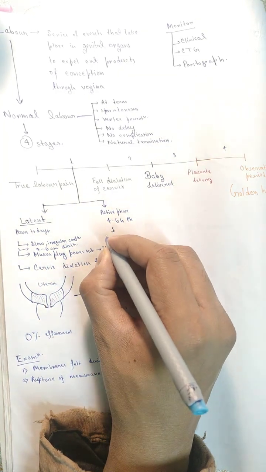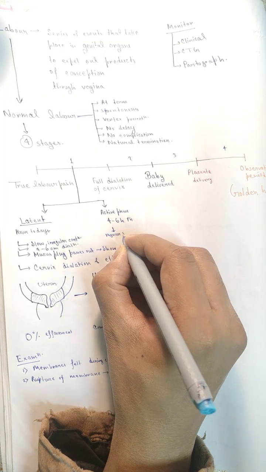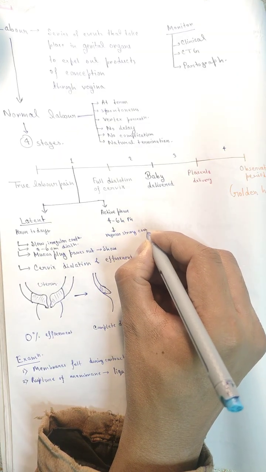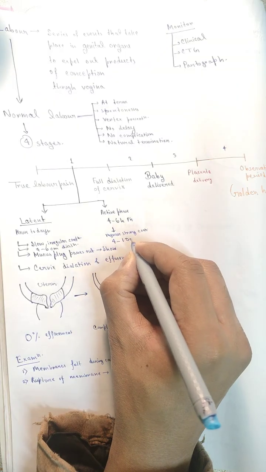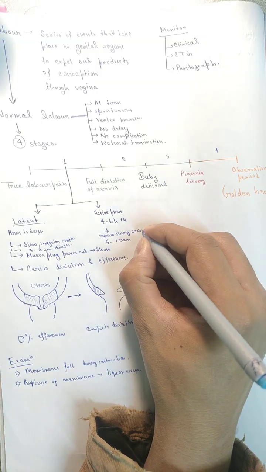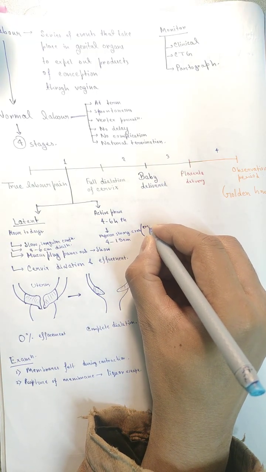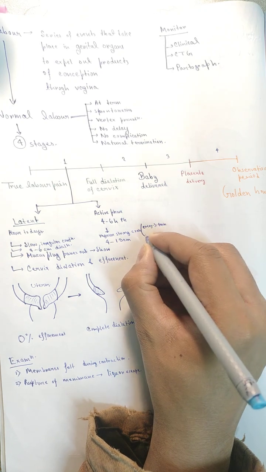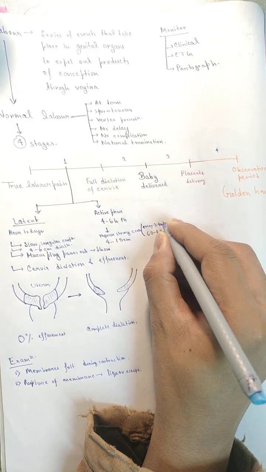In active phase, we have regular, strong contraction and 4 to 10 centimeter dilated. Here each contraction happens every 3 to 4 minutes for 60 to 90 seconds.